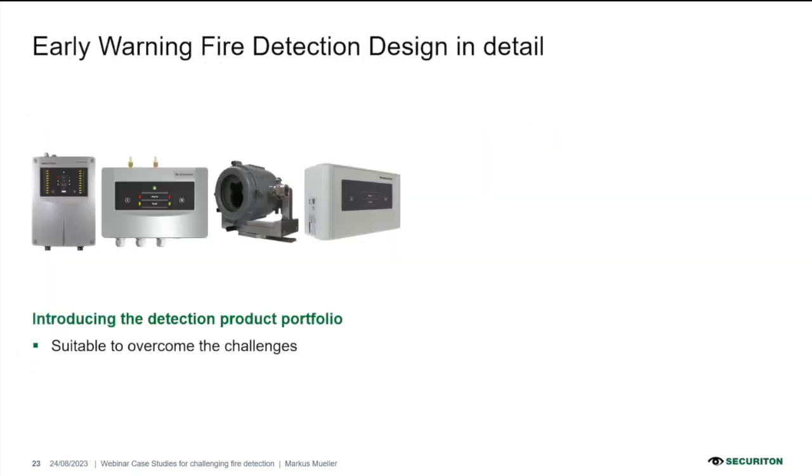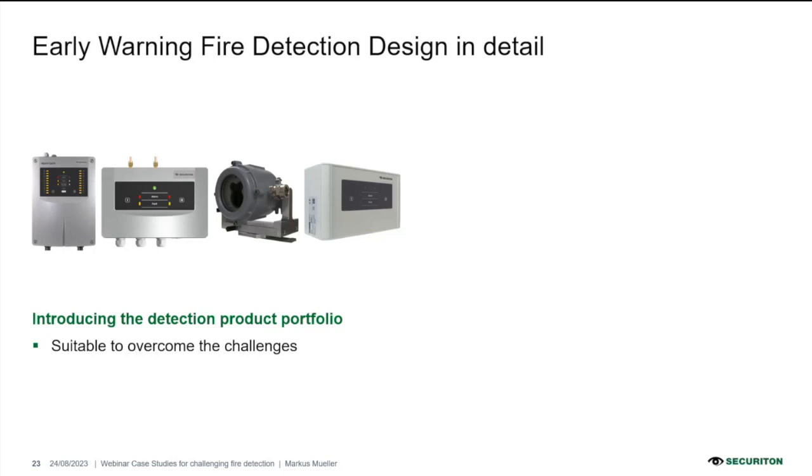So in this chapter we are introducing the detection product portfolio that is suitable to overcome the challenges of, again, this particular application. Here, as we speak of a hazardous area, the range of possible products is rather wide. We have case studies that focus entirely on ASD, or case studies that focus entirely on linear type heat detection with our Listec D-List cable.